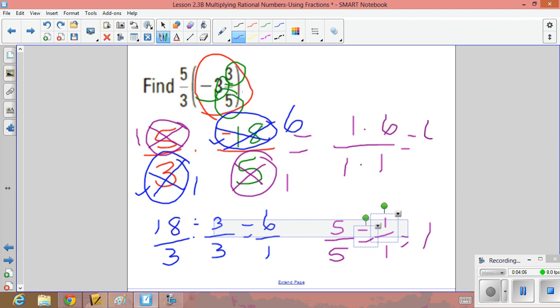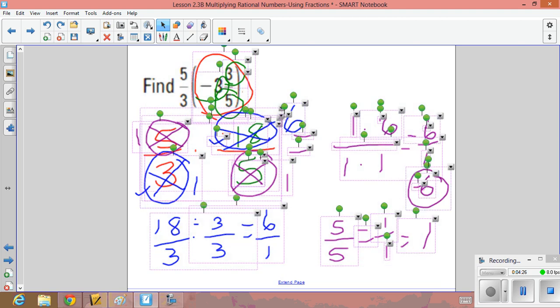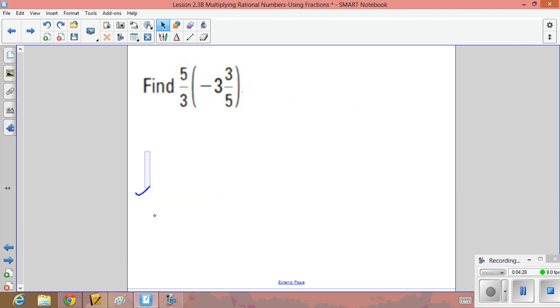And that equals 6 over 1, or simply 6. And if you look at your signs, I have a positive fraction times a negative fraction, so my final answer should be negative 6.